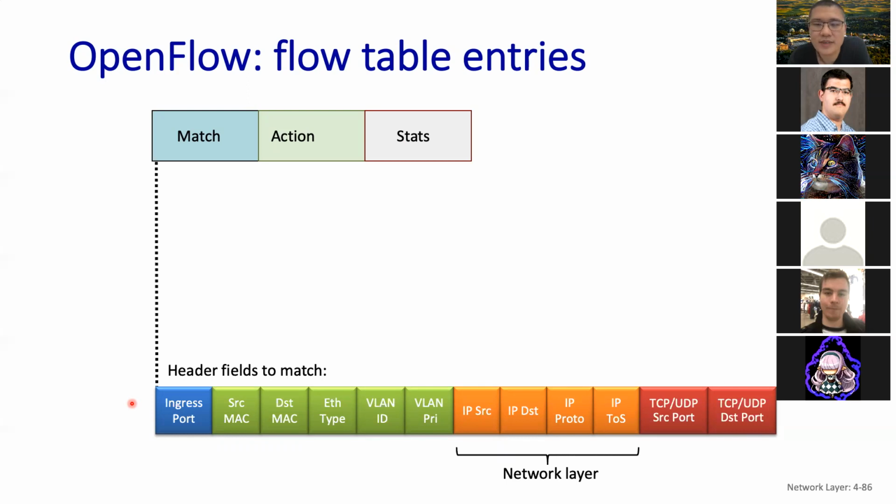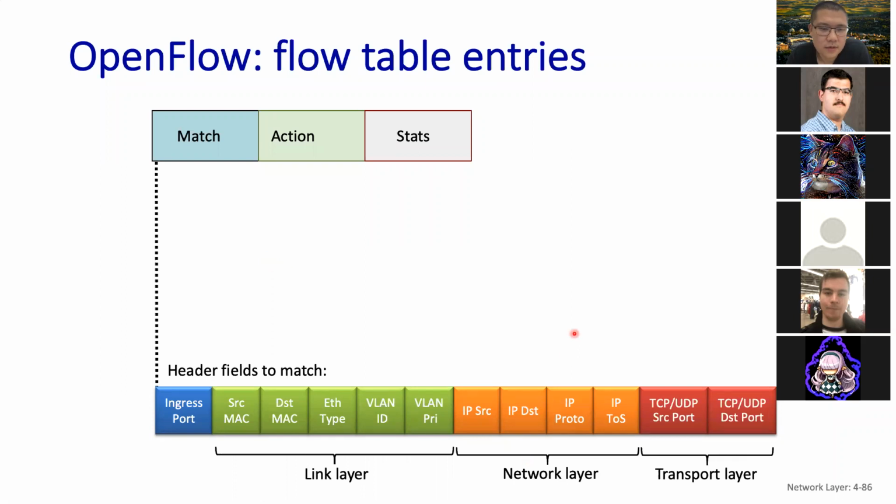I think OpenFlow is a software defined network protocol across different vendors, different companies, right? They can use the same standard protocol to define how to control the flow, how to do the forward, how to do the drop, right? Everything in the software layer.